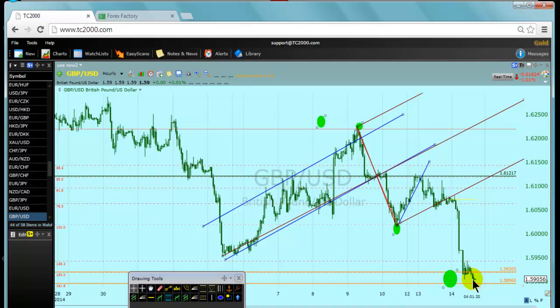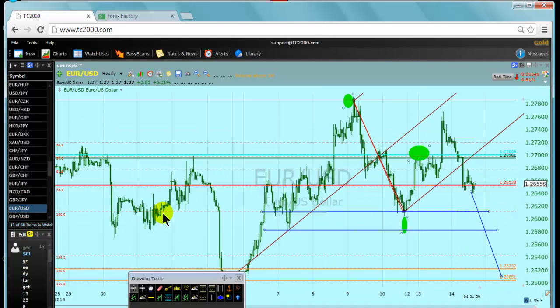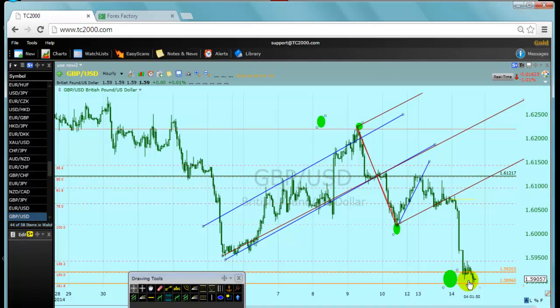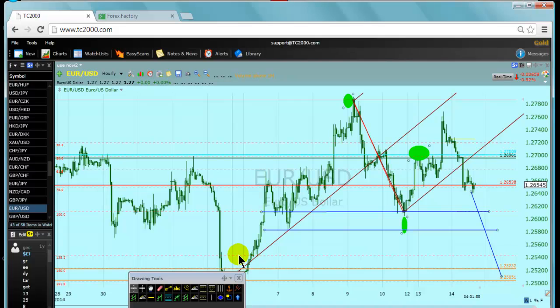But considering the correlation between the pound-dollar and the euro-USD, knowing that the euro-USD can influence the pound-dollar, in fact, the euro-dollar is the leading currency pair, I must be very, very patient and wait until the dust has settled for the euro-USD before I can be confident to buy the pound-dollar. It does not mean that the pound-dollar cannot go up from here, but when we are trading Forex, we cannot ignore the correlation between currency pairs.